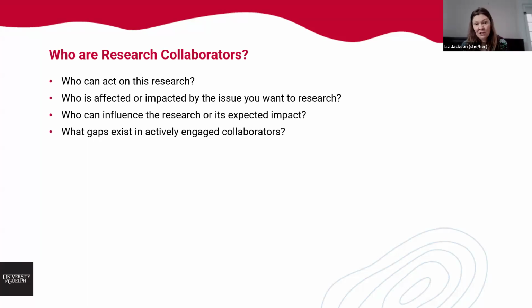Or if you're talking about prevention, you want to go upstream from the issue and think about engaging with peoples who can work to prevent the future issue. So, what behaviors or practices might your research be able to have an impact for? So those are defined in knowledge mobilization terms as your primary target audiences. So the people that you most want to be able to access, understand, and mobilize the research findings that you're working to create.